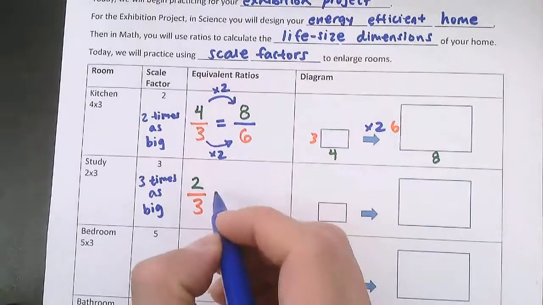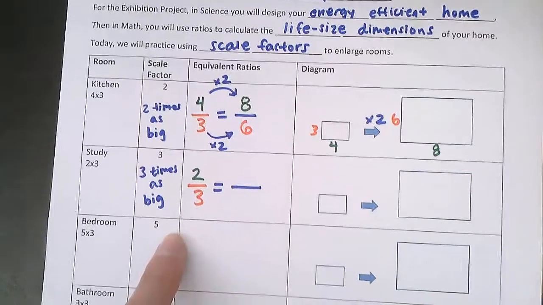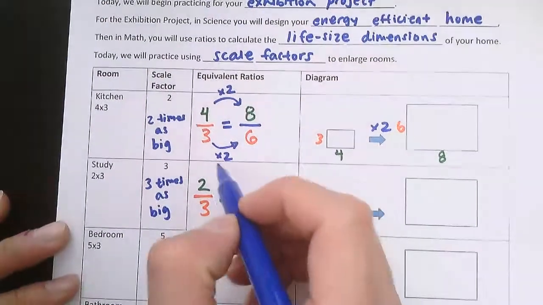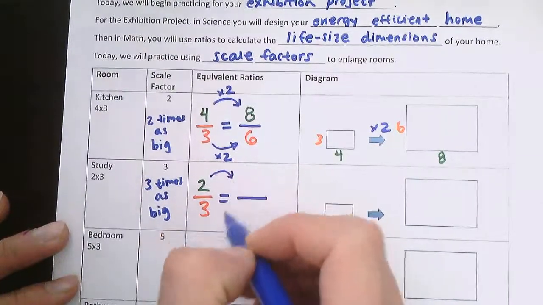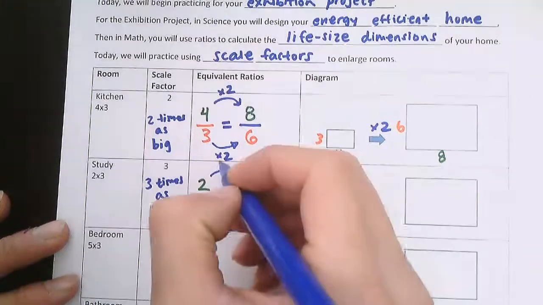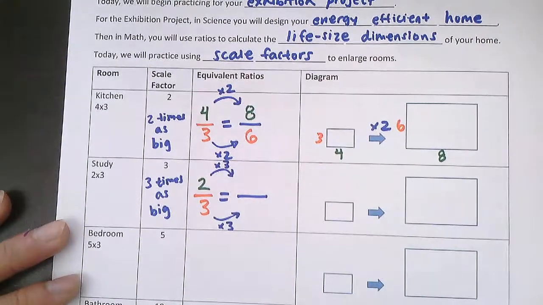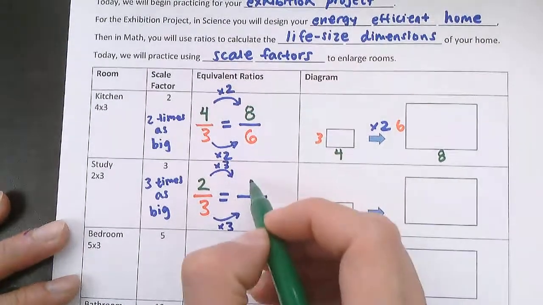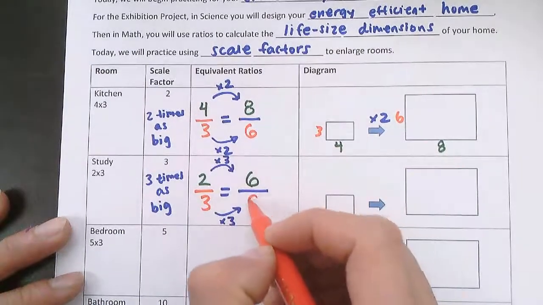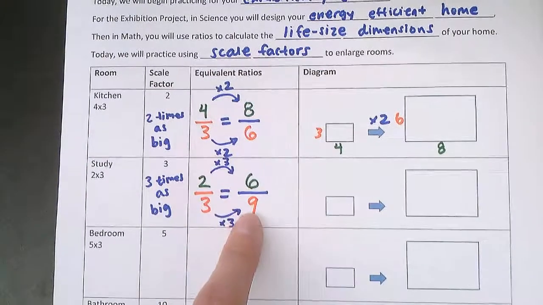And this is equal to the enlarged ratio. If the scale factor is 3, that means we're multiplying the numerator and the denominator by 3. And so 2 times 3 is 6, and 3 times 3 is 9. So our equivalent ratio of 2 to 3 is 6 to 9.